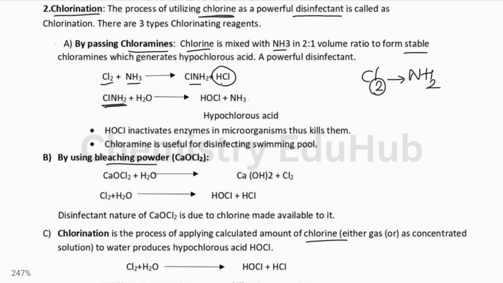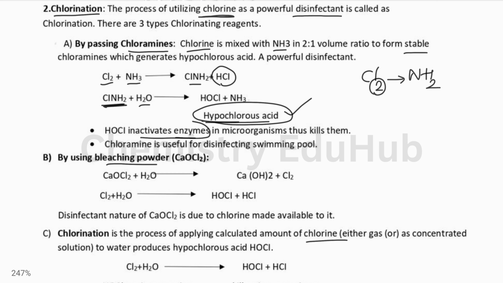Now what do these chloramines do when treated with water? They form hypochlorous acid. This is your powerful disinfectant to remove all the microorganisms. So what is the function of hypochlorous acid? It inactivates the enzymes. For any process to take place in nature, enzymes are very important.